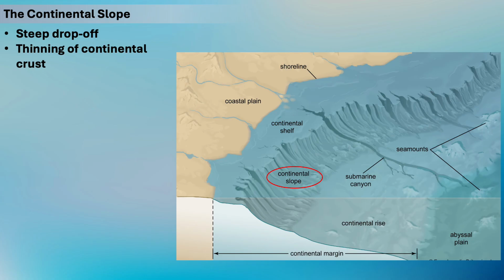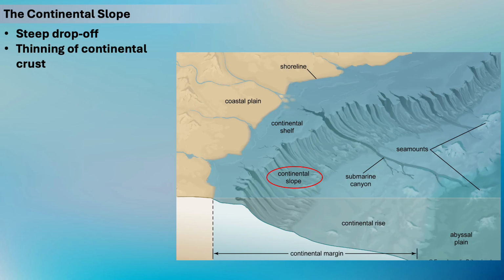As continental crust thins toward its outer edge, it can no longer support a broad, shallow platform like the continental shelf. The result is a sharp drop-off toward deeper water. Beyond the continental slope, sediments transported downslope accumulate to form the continental rise, and the true transition to oceanic crust typically occurs farther offshore beneath the deep ocean basin.